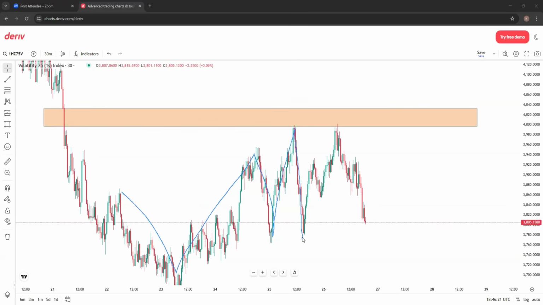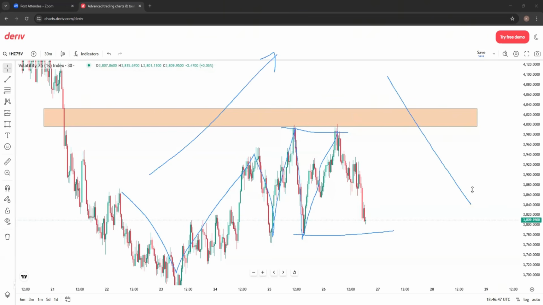We have a low, and we have a high. But this high failed to be broken. Can we all agree? Yes. And this low again has not been broken. Can we agree as well? Yes. So what does it mean at this point? Is price going up or is it going down? It's going up.